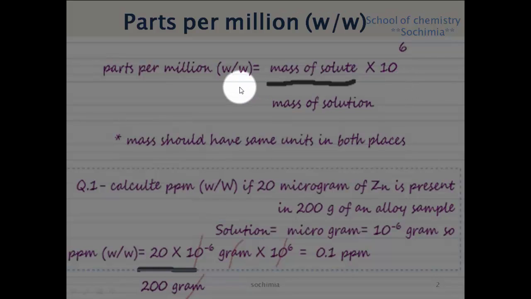And important point here is that the mass of solute as well as mass of solution both should have same mass units. That is, if solute is taken in gram, then mass of solution should also be taken in gram.